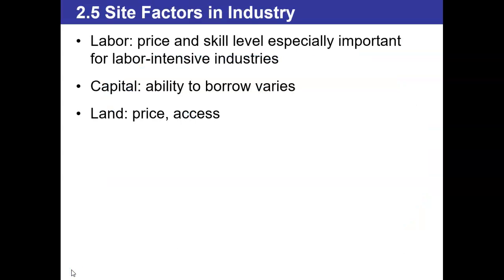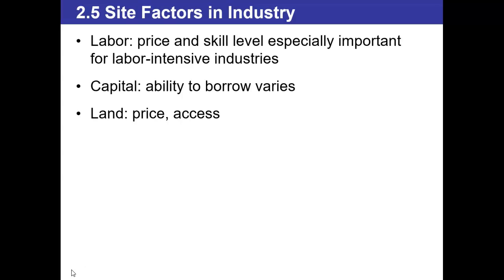Now that we've finished talking about situation, let's talk about site factors in industry. Site factors have to do with labor, capital, and land. Labor has to do with the price and skill level, especially important for labor-intensive industries. So, a factory might want to be situated where the best skilled labor can be found.